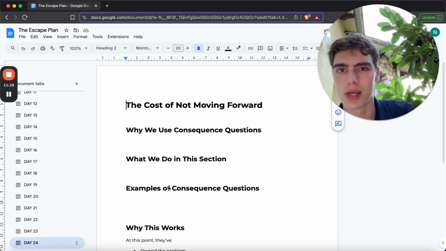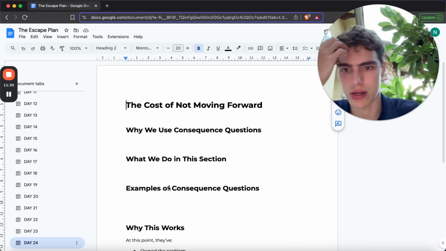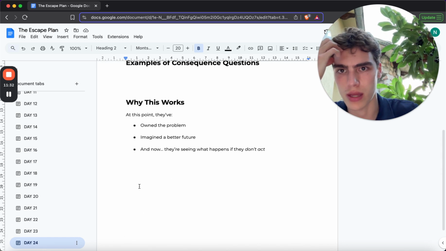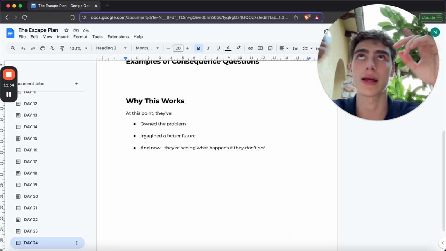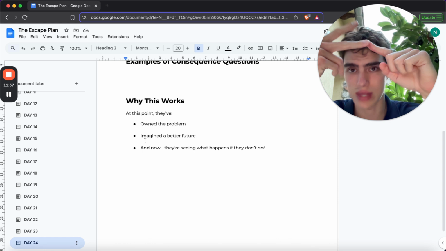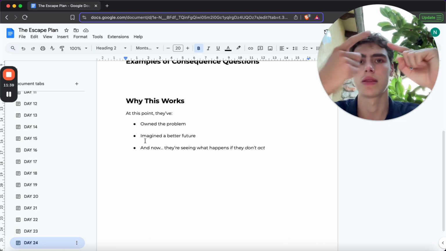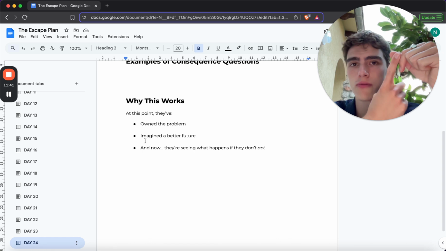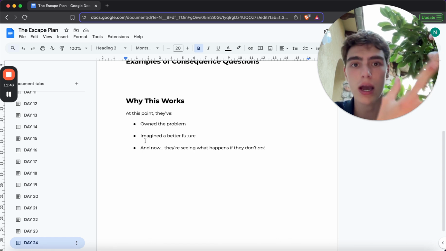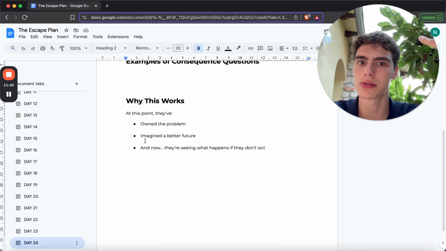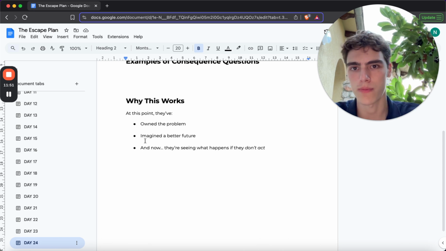And then after that, really, it's understanding, okay, why does this work, right? And the reason it works is because at this point they've owned their problem, they've pictured and imagined a better future, and now they're seeing what happens if they don't act, if they don't get to where they want to be, right?